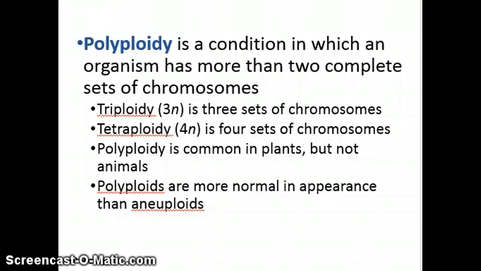So polyploidy is actually very common in plants, but it is not common in animals. And polyploids are much more normal in appearance than an aneuploid. So an aneuploid is when, again, we have the wrong number of just a single chromosome. But a polyploid is when we have a complete extra set.